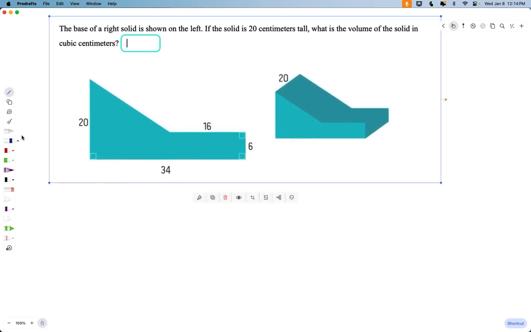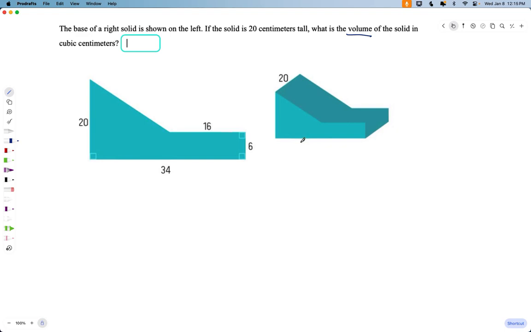Okay, so volume is what we're looking for here. What is volume? It is the area of the base times the height, aka the length. You've got two dimensions times that third dimension, right?